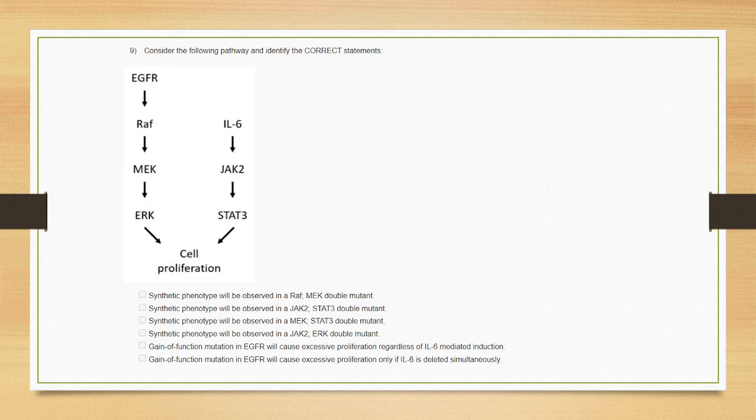If you have gone through sir's lecture, then he has explained in detail what a synthetic phenotype is. In very easy language, when two mutations are combined and it leads to a phenotype that is different from the phenotype of either mutation alone, that is a synthetic phenotype. I'll write it also.